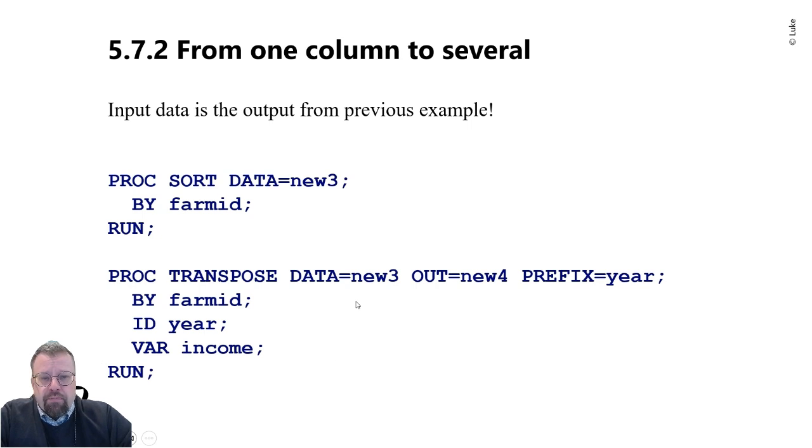Then in the proc transpose, we say that we again start with new 3, output is entered as new 4, and we'll come back in a minute what this prefix means. So again, we are defining that we want to do this by farm ID. So basically, in this case, we are saying that we want to have separate row for each farm ID.